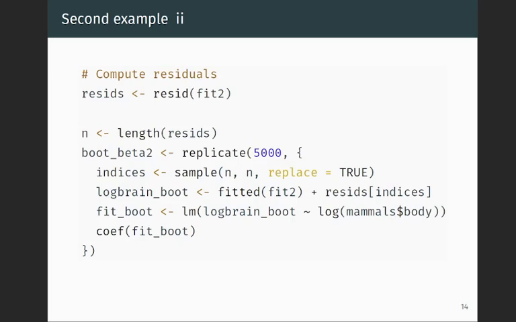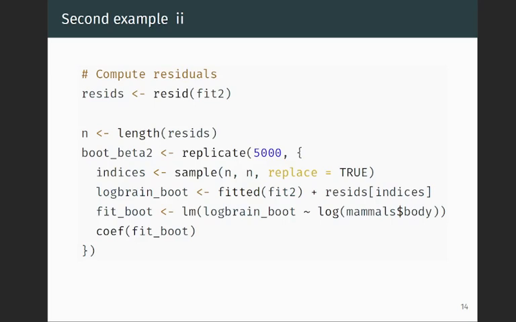So once we have our new outcomes, we can fit the model. Here I'm using LM of log brain boot. So those are the new outcomes. Tilde log of mammals $ body. Here I'm not using the data equals dataset argument because log brain boot is not a variable in the dataset.